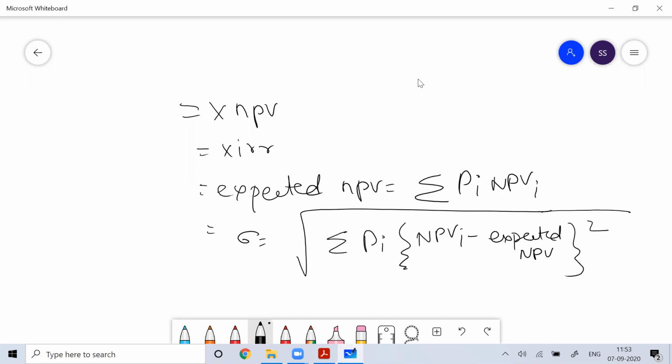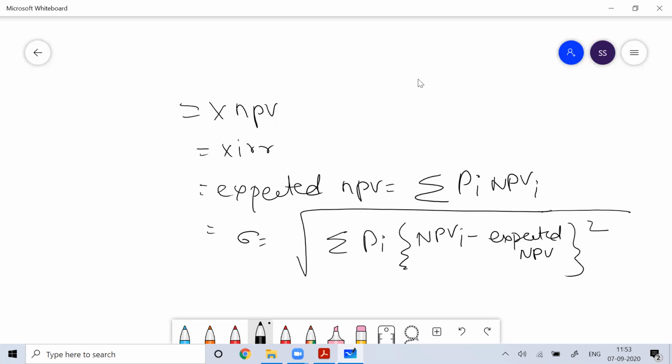It's just a tool. In risk analysis of capital budgeting, we go much deeper, and each time you get an NPV value, you may multiply it by a factor which talks about the certainty of that NPV.